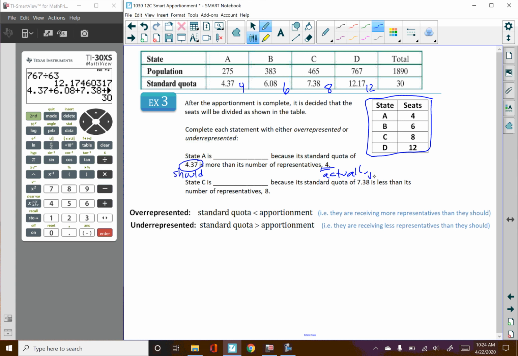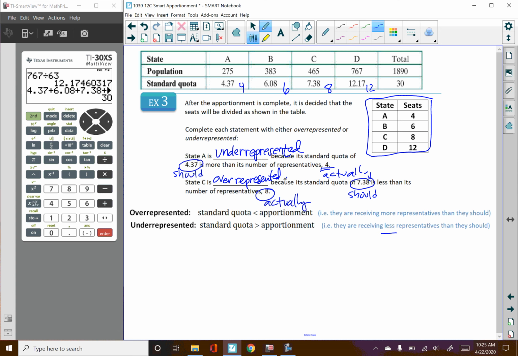So they are getting less than they should get, so they are underrepresented. And state C, this is how much they should get is 7.38, and the number that they actually get is 8. So they're getting more representation than they should. So they are overrepresented.